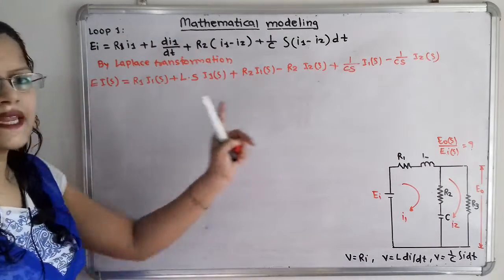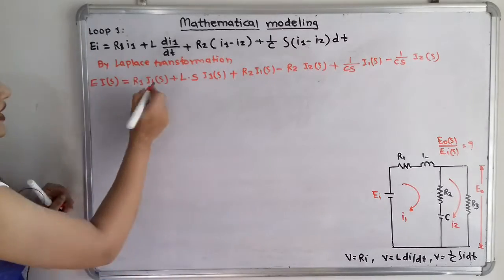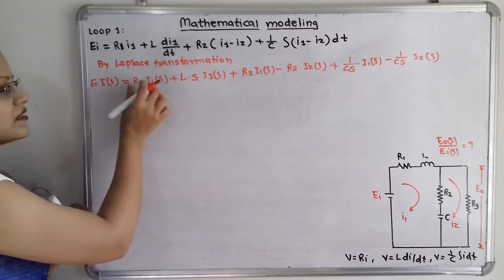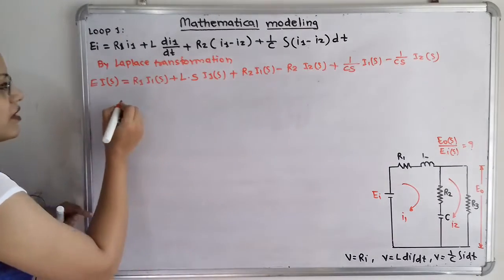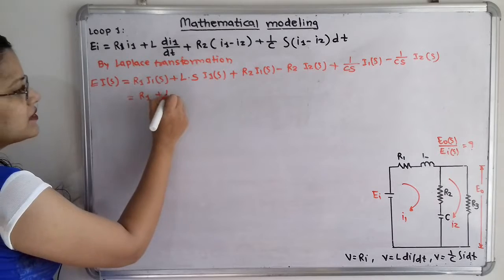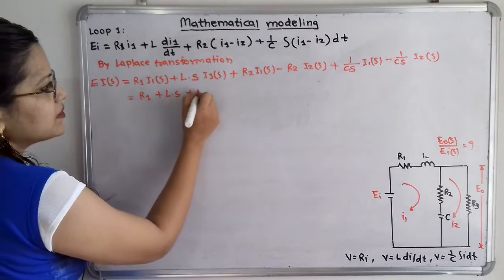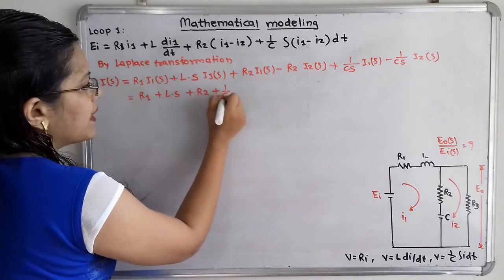Now we will simplify this. So how to simplify? That means we have to take I1 as a common, and I2 as a common. So first I will take I1 as a common. So here R1 plus L dot S plus R2 plus 1 by Cs.